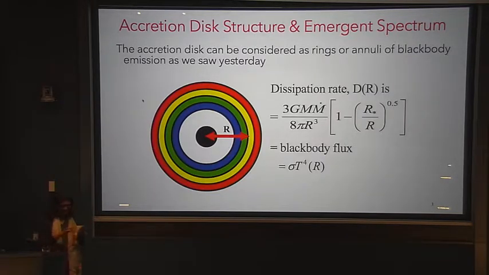Now each of the annuli can be treated as black bodies. From the dissipation rate that we calculated, remember our star is the inner scale, and ideally we'd want to capture the physics at the ISCO, which is the inner edge of the accretion disk.